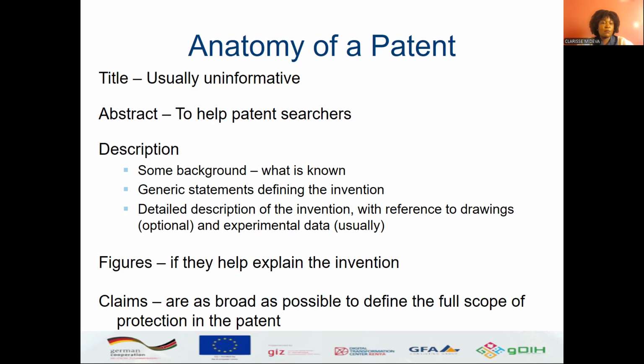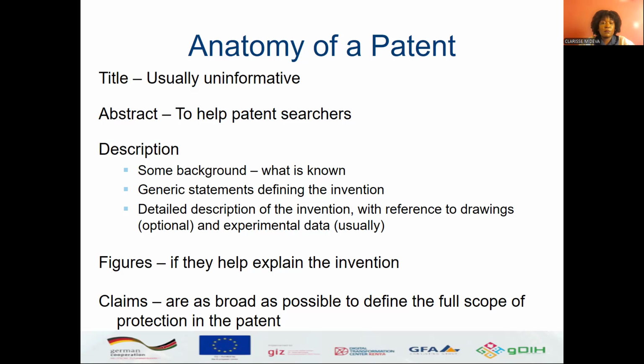A number of creators come up with an invention, and they don't want to expound clearly and elaborate on what they have come up with, because they feel like when they describe, someone will steal it. But the essence of you seeking protection is to ensure that whatever you have is well tied in that document.